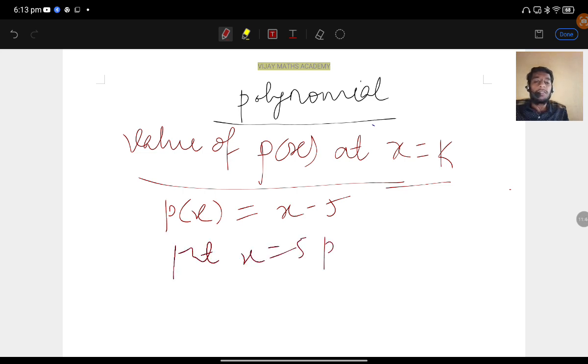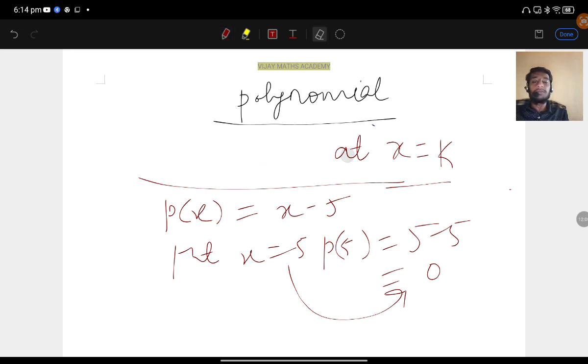Now p of 5 is equal to 5 minus 5. You will get 0. See, when you put the value x equals 5, you are getting 0, which means this is actually the solution of this polynomial, that is called the zero of a polynomial.